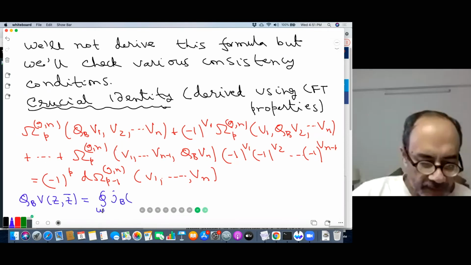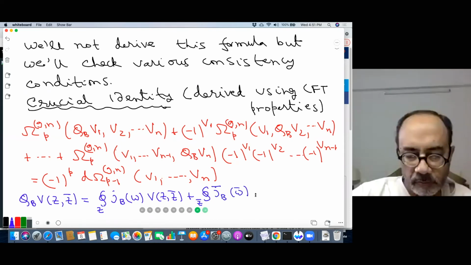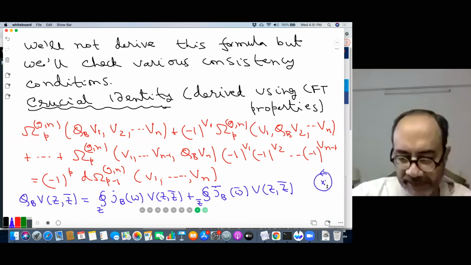The integration contour is around Z. So if this is Z, basically we integrate the contour encircling Z. That's the definition of QB.